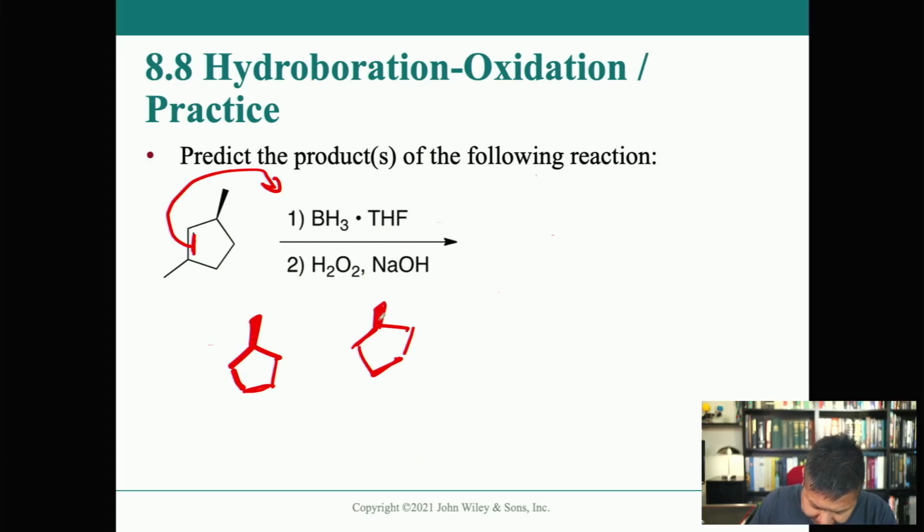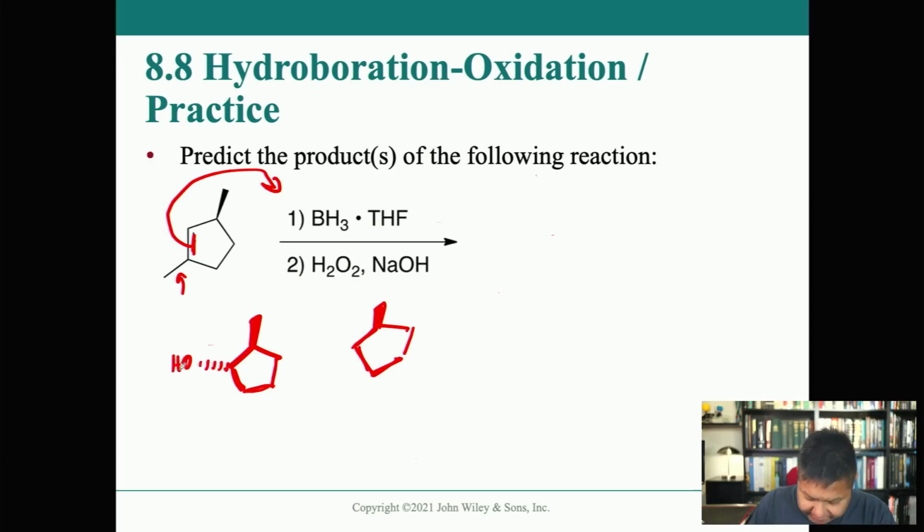But what will change is that methyl there, because it's on one of the addition sites, the addition site for anti-Markovnikov. So that means we'll have an OH going into the paper up here.